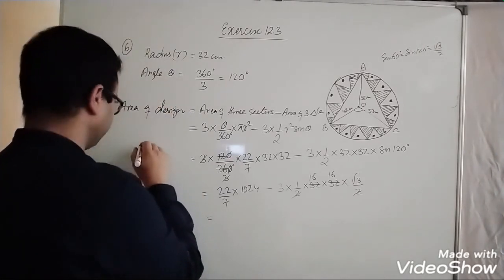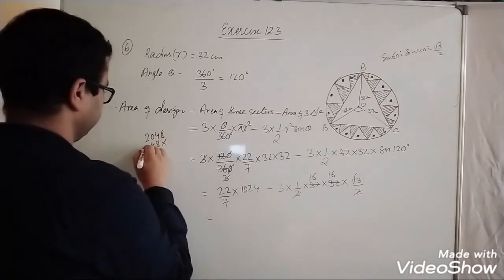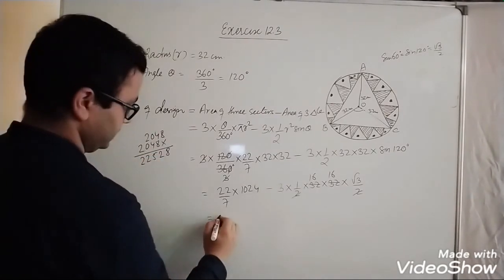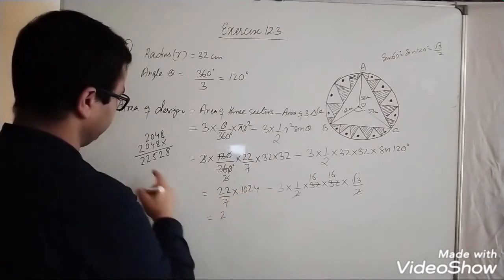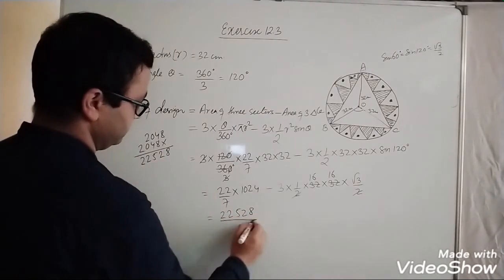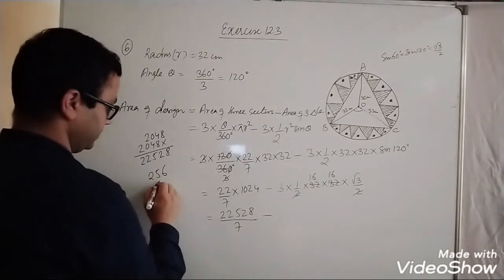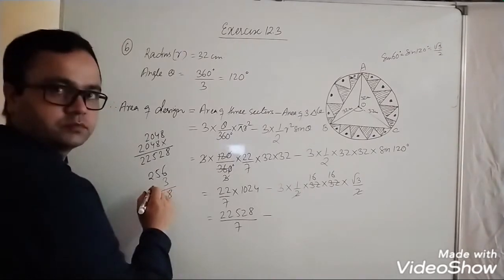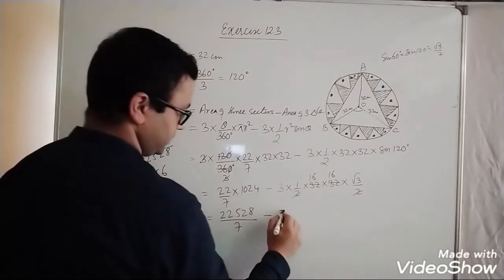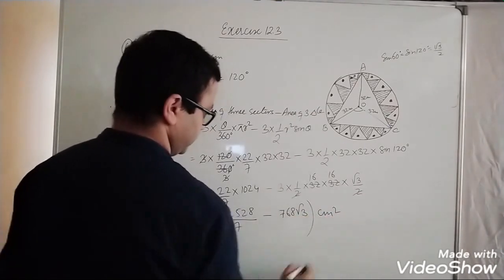This equals 22 into 1024, which is 22,528, divided by 7, minus 16 into 16 is 256, 256 into 3 is 768 root 3. This is the answer, centimeter square.